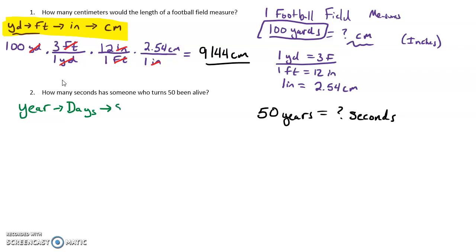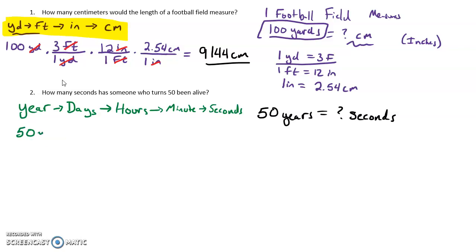We don't. So then we're going to have to go from days to hours, since we know how many hours are in a day, right? And then from hours, do I know how many seconds are in an hour? No, I don't think so. So then hours to minutes, and then from minutes to seconds.